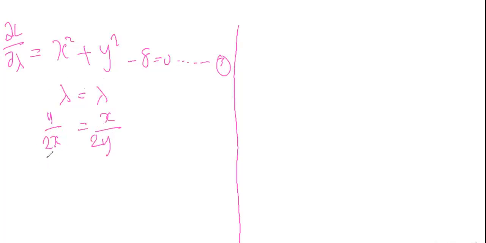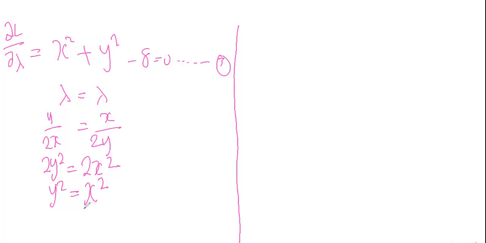Cross multiply, we have 2y squared equal to 2x squared, right? Divide both sides by 2. We're going to get y squared is equal to x squared. My apologies.